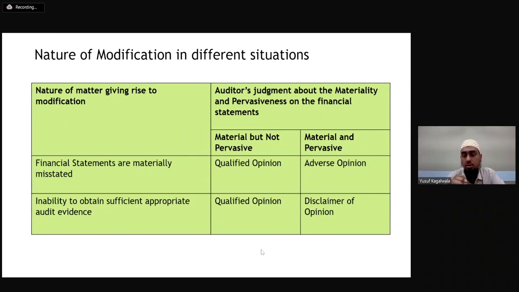Similarly, there can be a scenario where one line item, one financial account, is so important in the financial statements that it covers a major part of them, maybe an investment or an inventory, which covers 60 to 70% of the whole balance sheet.